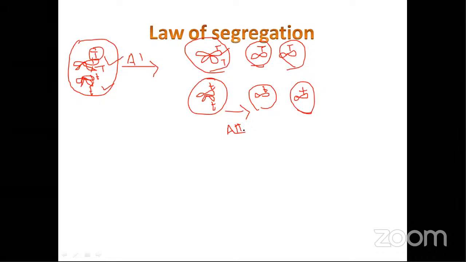At anaphase 1 the two alleles get separated, and at anaphase 2 the four gametes are formed, where two gametes carry one type of allele and the other two carry another type. This condition arises when the original individual is heterozygous, that is capital T small t.